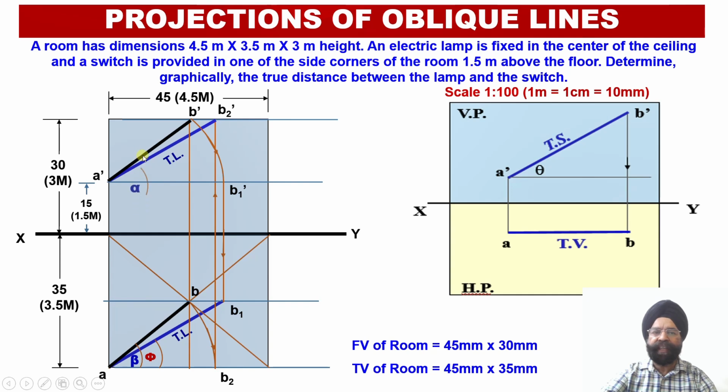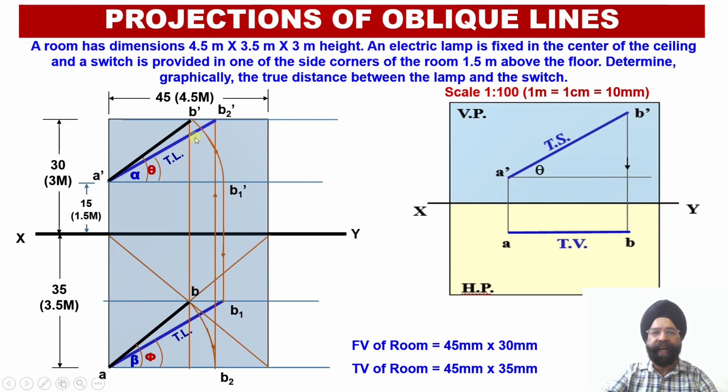The angles of inclinations will be: A dash B dash is inclined at an angle alpha with respect to the horizontal plane, that is the apparent length in the front view is inclined at an angle alpha with respect to HP. Similarly, the true length of the line, that is A dash B2 dash, is inclined at an angle theta with respect to the horizontal plane.